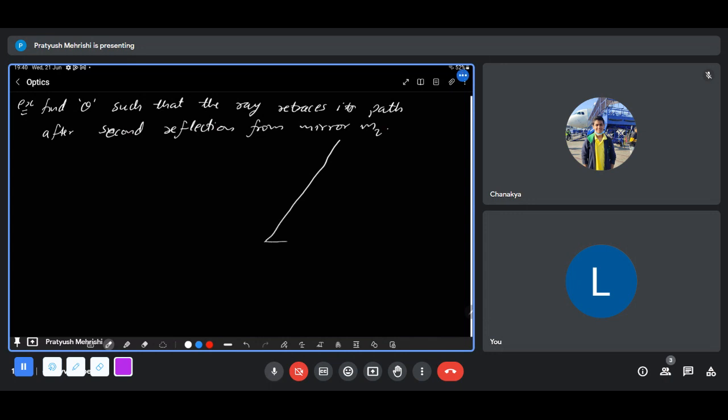This is the mirror. This is mirror M1 and this is mirror M2.